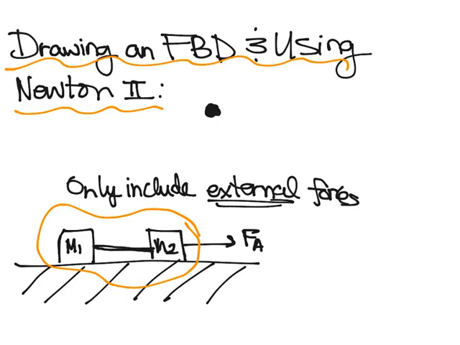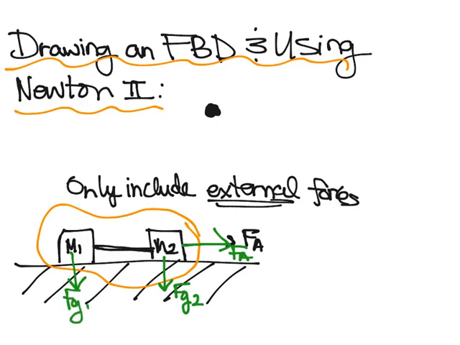Okay, so let's look at this situation and see what forces are acting. If I have a system of two things, I will draw the forces onto the objects and then put them onto the force body diagram later. In this situation, I have FA acting to the right. I have Fg on the first block, so I have FG1, and I'm going to call this FG2 on the other.